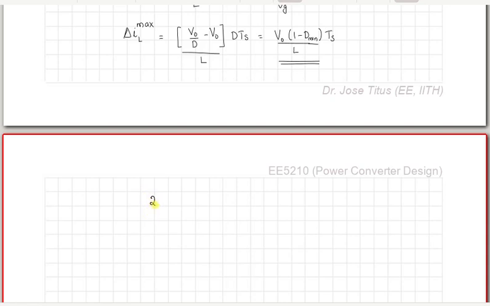We have delta IL max is 2, and this should be equal to Vo, a constant 108, times 1 minus D minimum, which is 1 minus 0.3176, divided by L times Ts. The Ts from the numerator can be brought to the denominator and it becomes the switching frequency Fs, which is 25 kilohertz.